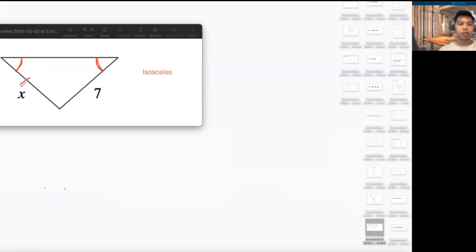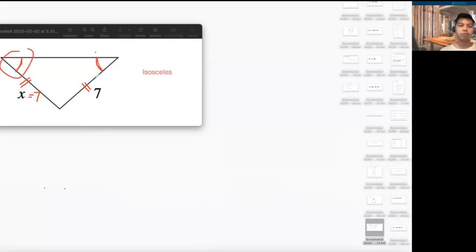equal. So this side right here and this side right here are the same. Okay? So if you're asked to find this side, then this must be a 7. That's the only thing that is particularly true with isosceles triangle.